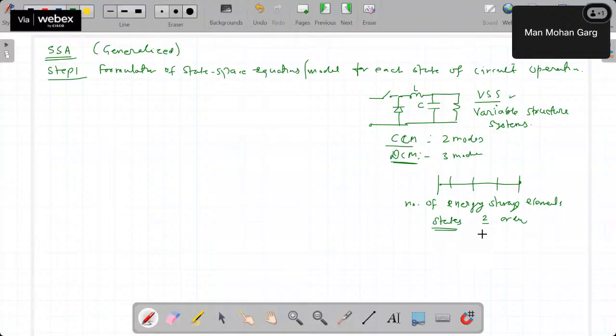With two inductors and two capacitors, like a Cuk converter, the order is fourth and the states will be four. If three inductors and three capacitors, the states will be six, sixth order. So depending upon that, the order will be defined, right?